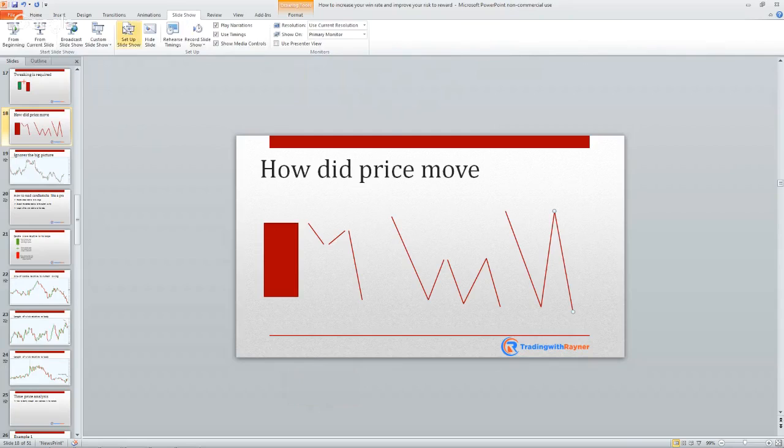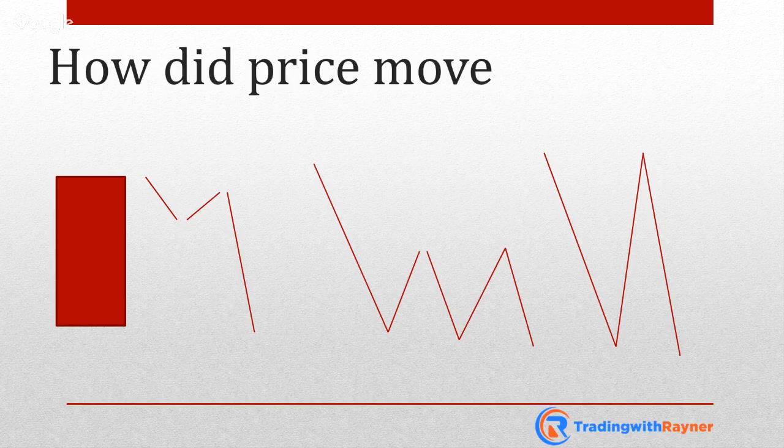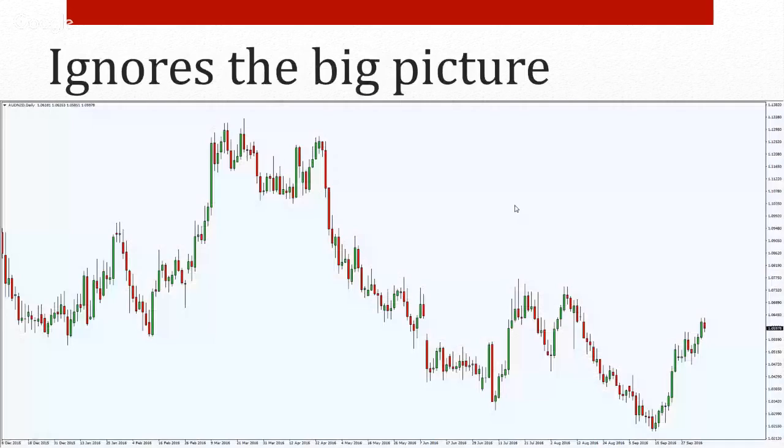Okay, the third thing: it ignores the big picture. This is another one. I'm sure candlestick patterns have different meanings. For example, you see an engulfing pattern. A bullish engulfing pattern means it's bullish. Like this, maybe let's call this a bullish pin bar or a bullish hammer. If you just judge it based on the candlestick pattern, it is bullish.